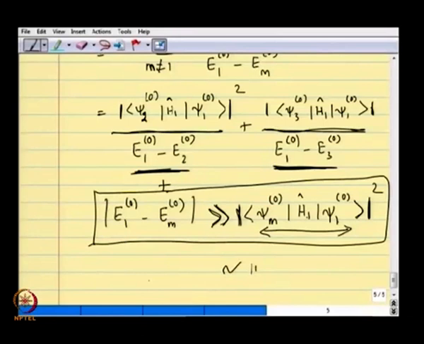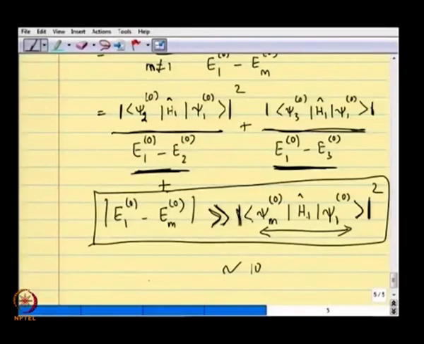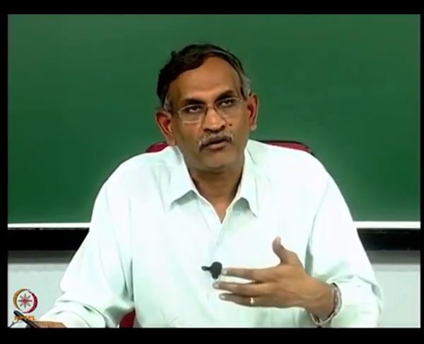That is a statement to say that perturbation theory will work very well when this condition is satisfied. When you take the ratio, if E1 0 minus E m 0 is about 10 times this, perturbation theory is good. At 5 times the convergence is poor, and anything less it's poorer, so maybe we'll have to calculate many more terms. Not only this, that's only for EN2, but if this condition is violated, we may even need to calculate EN3, EN4, EN5 and so on.